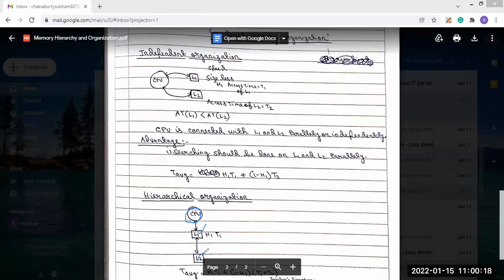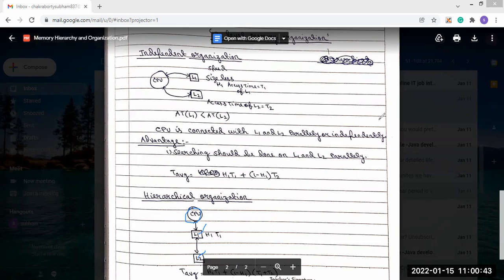L1 has much more speed, because whichever has less access time has much more speed. And L1 has the least storage, because its storage is less compared to the L2 device.